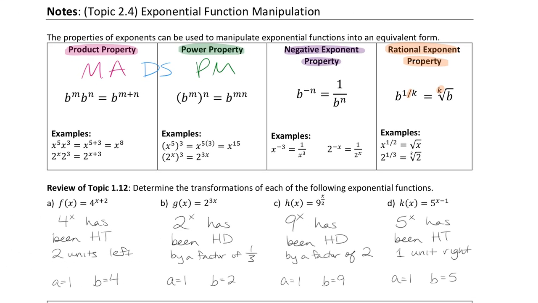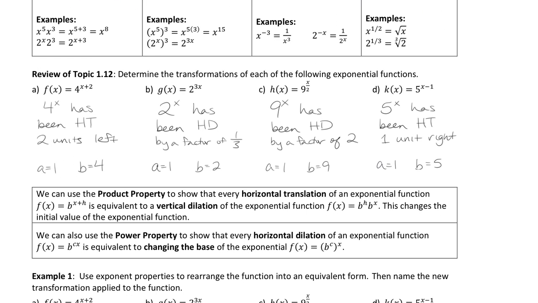Okay, so let's tie this together. Let's tie together our properties of exponents that we just went over, and then the idea of these horizontal transformations. In fact, what we're going to do is manipulate these equations using the properties of exponents to write them in an equivalent form that does not have any sort of horizontal translation.